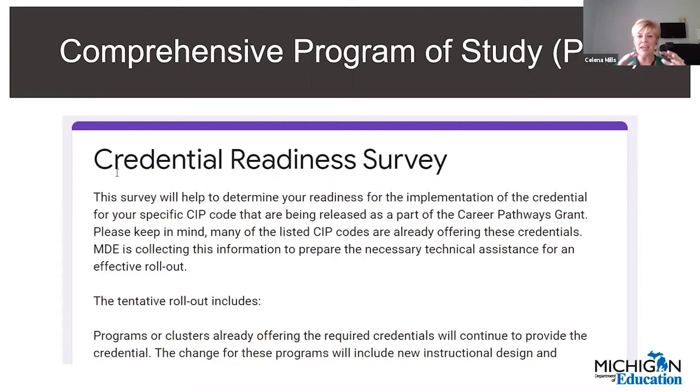From there, as a state, we're going to look at the data that we get for your particular zip code and then determine what resources we can provide to help you. And that will help us help you with those next steps. We're also taking that information and passing it along to your CTE administrators so that if there are things they can do locally to support you, they know what those things are as well.